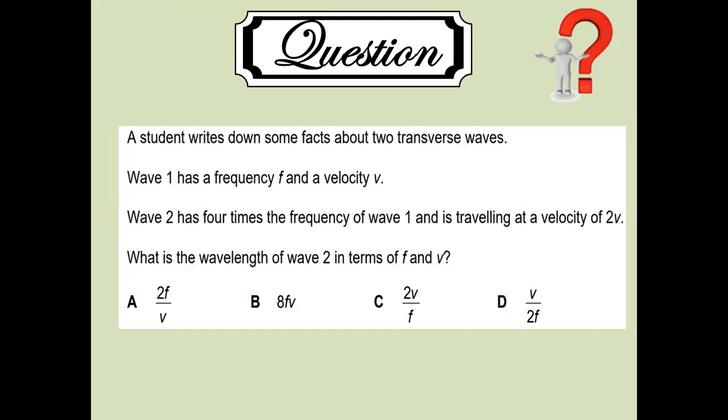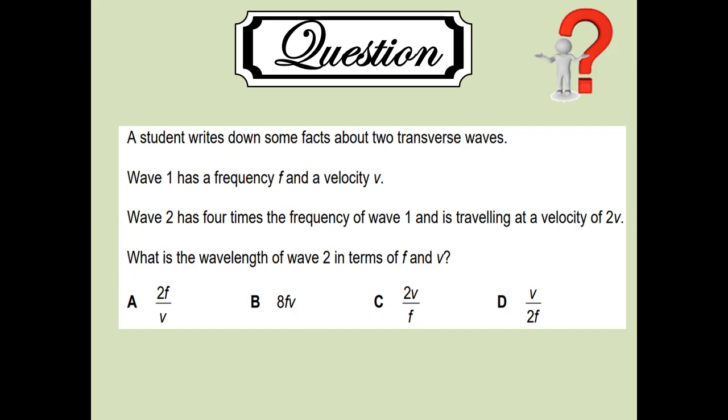A student writes down some facts about two transverse waves. A wave produced in water and a wave produced in rope are transverse waves. Wave 1 has a frequency f and velocity v, while wave 2 has 4 times the frequency of wave 1, and it's traveling at a velocity of 2 times that of wave 1. What is the wavelength of wave 2 in terms of f and v?